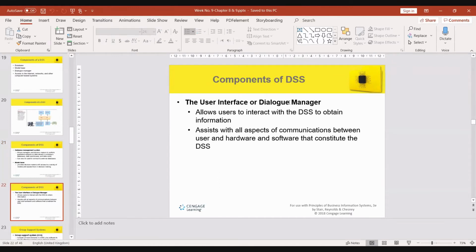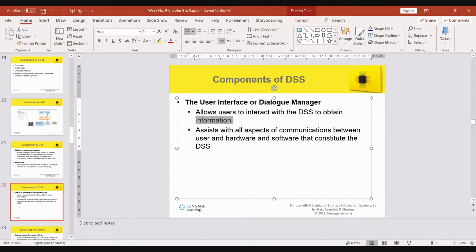The user interface or dialog manager: of course, with any system, you need an interface for interaction. So the dialog manager or user interface will help you to interact with the DSS if you want any information. It assists with all aspects of communication between the user and the hardware and software that constitute the DSS.